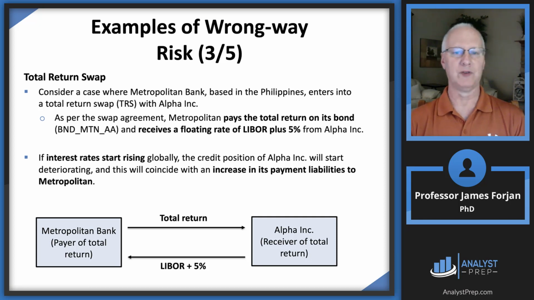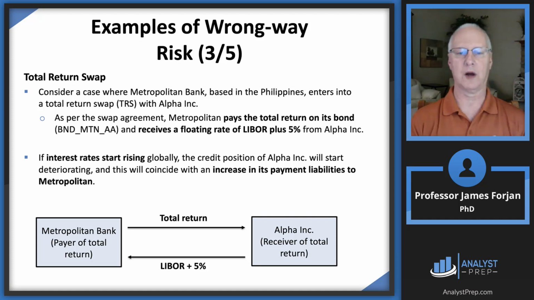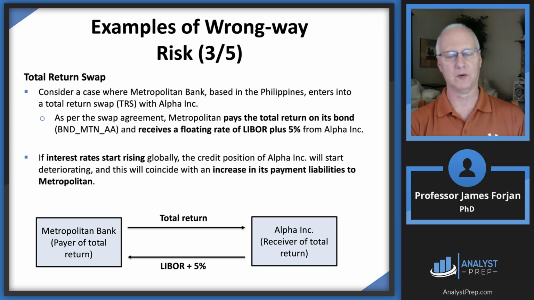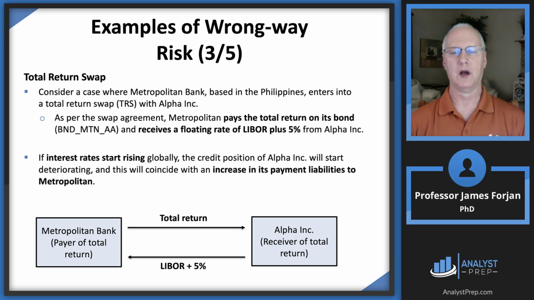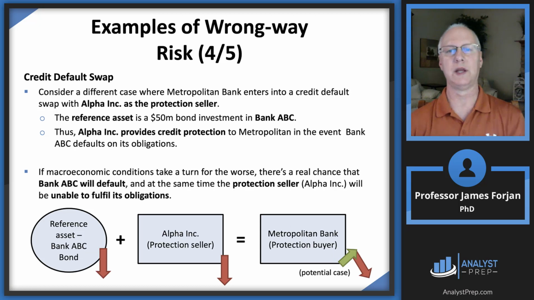Well, what happens if that rise in interest rates then increases the right-hand side of the balance sheet for the swap dealer or whoever it is on the other side of the transaction? We're happy that we're going to receive all that, so our exposure increases, but then the default risk increases. What do I call this? Alpha Incorporated, because they may not have the ability to repay us or to pay us those intermediate payments.